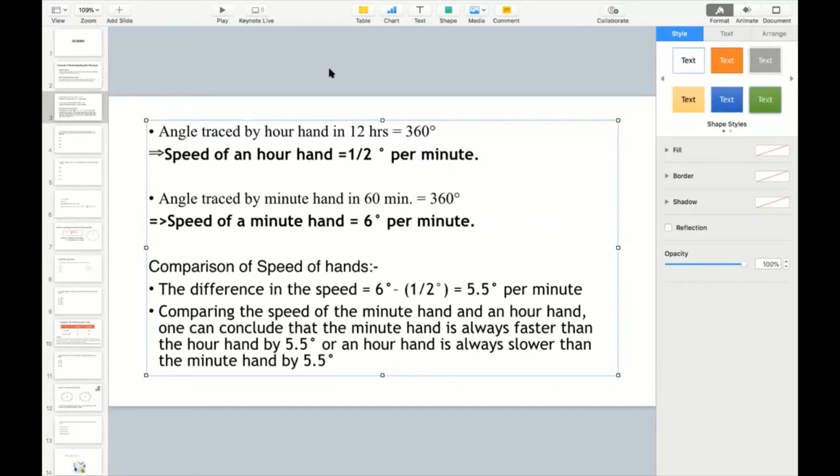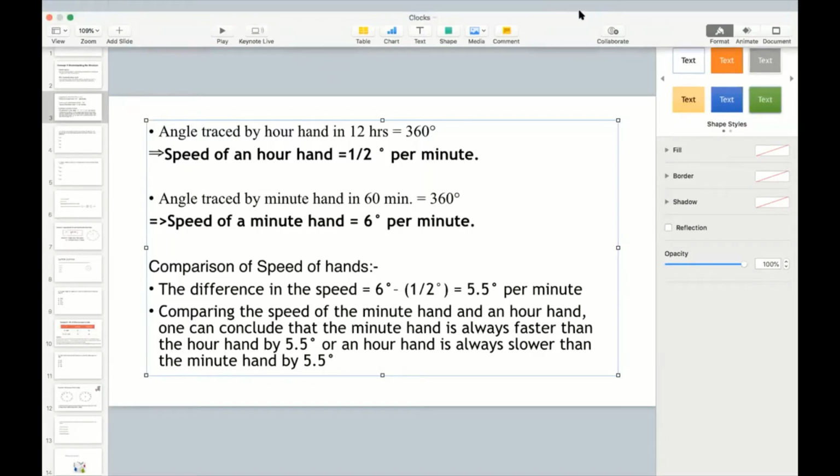So we can also calculate the relative speed out here. Can we use the concept of relative speed? We can use it, right? How can we use it? Because they both are moving objects. They started their movement from the same position.